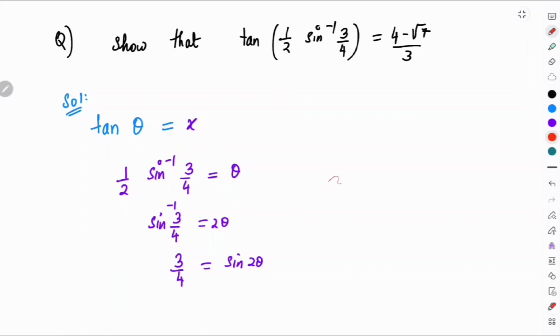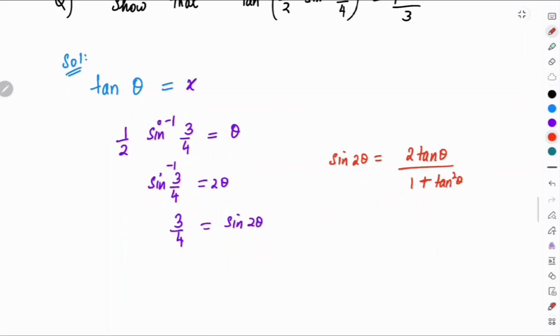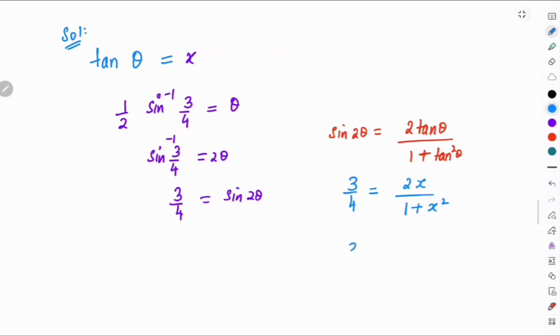So we can write sin 2θ in terms of tan θ. sin 2θ is nothing but 2 tan θ divided by 1 + tan² θ. Yes. So here 3/4 = 2x/(1 + x²), where we have considered tan θ as x. Now just cross multiply. You have 3 + 3x² = 8x.